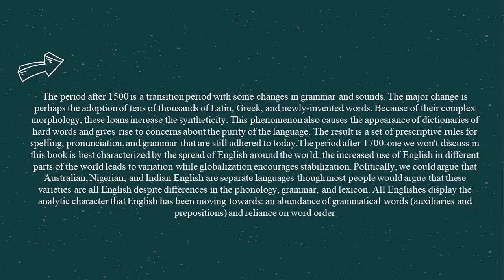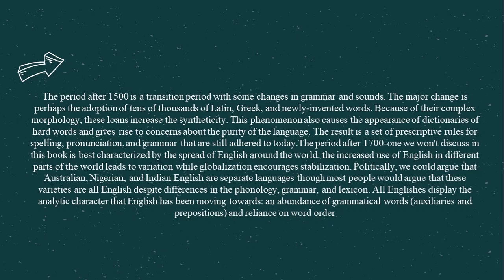The period after 1700, which we won't discuss in this book, is best characterized by the spread of English around the world. The use of English in different parts of the world leads to variation, while globalization encourages stabilization.